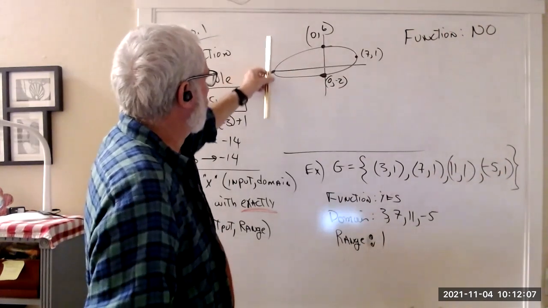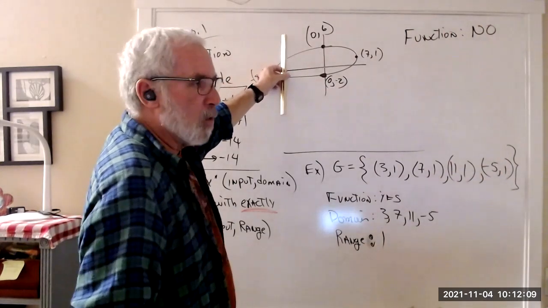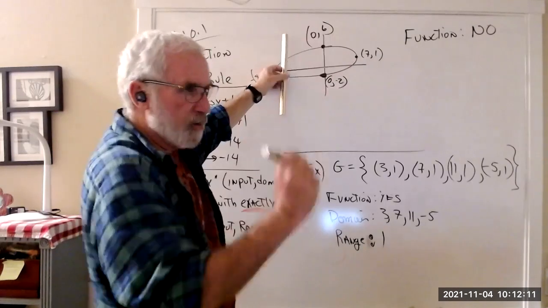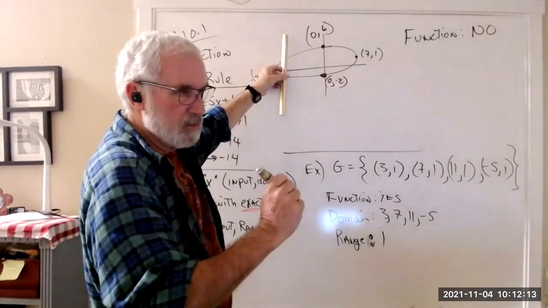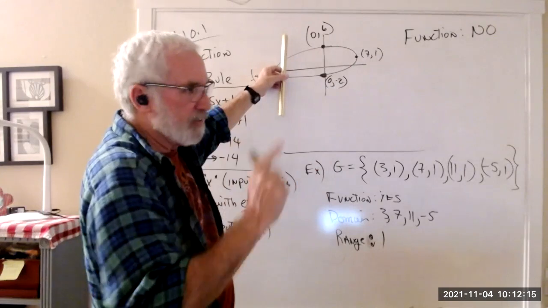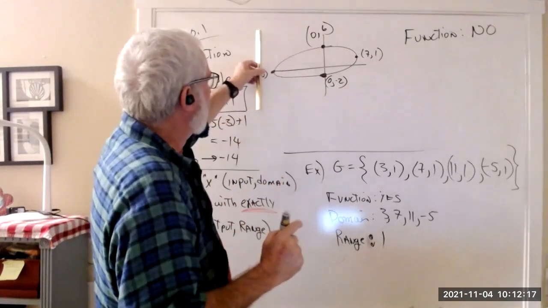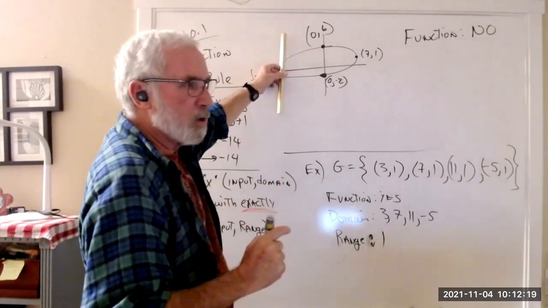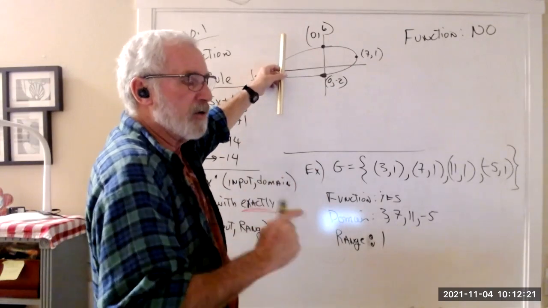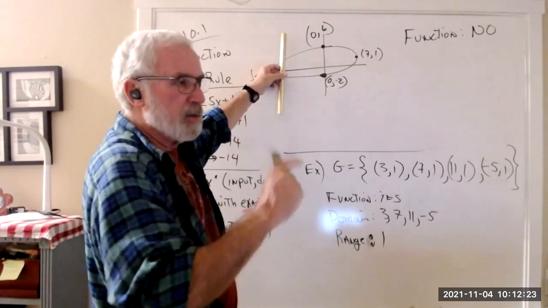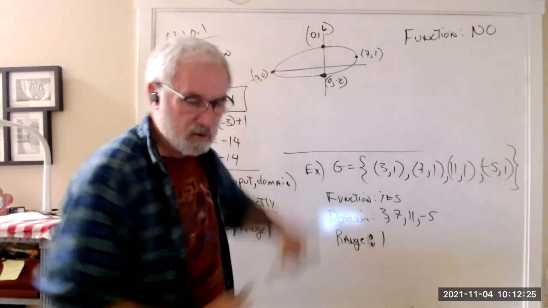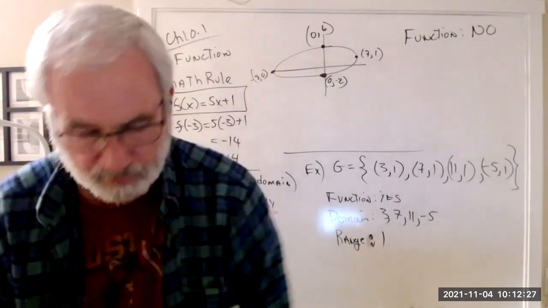If your vertical line hits more than one point on the graph at a time, but you got to have the picture there, okay? But if your vertical line hits more than one point at a time, it is guaranteed not to be a function. Now, the question is why?